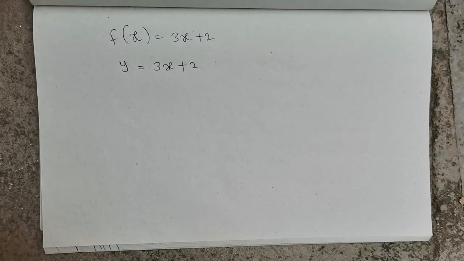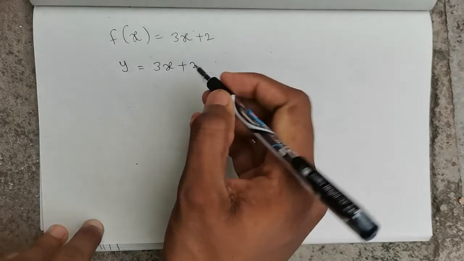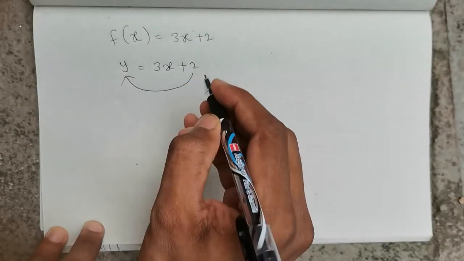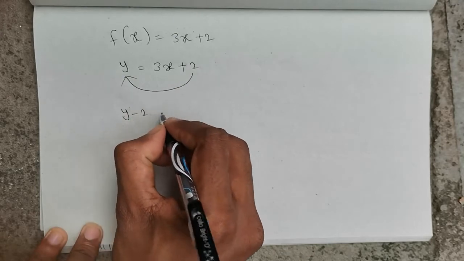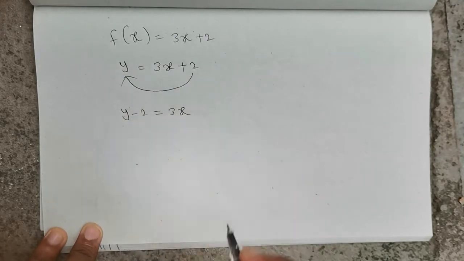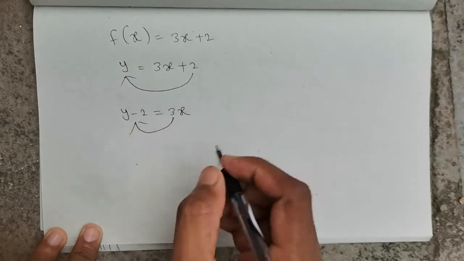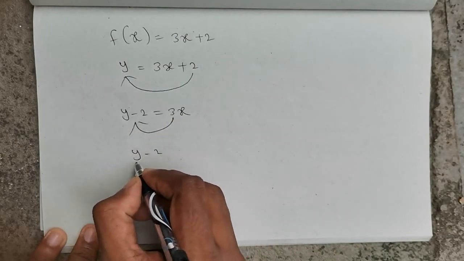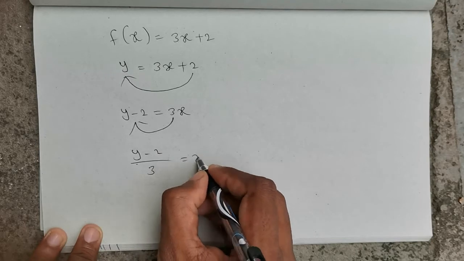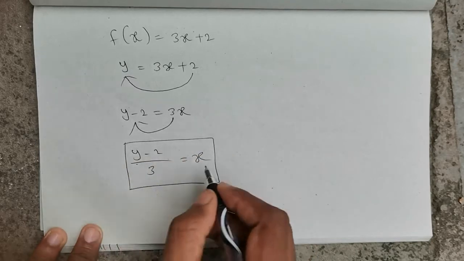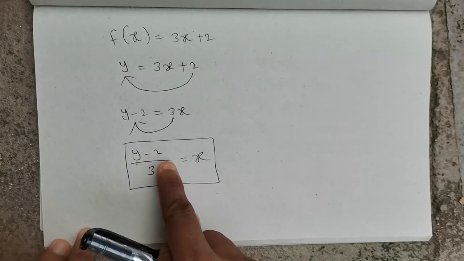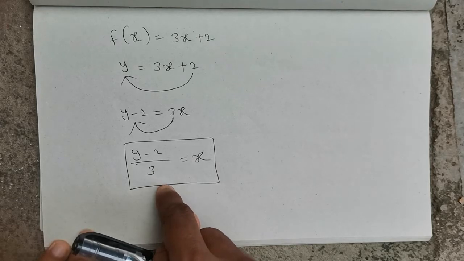From that you bring the value of x. So for that I am taking this plus 2 to the left side. So we get y minus 2 is equals to 3x. I want x value, so I will take this 3 also to the left side. Y minus 2 divided by 3. This is the x value. X is equals to y minus 2 divided by 3.